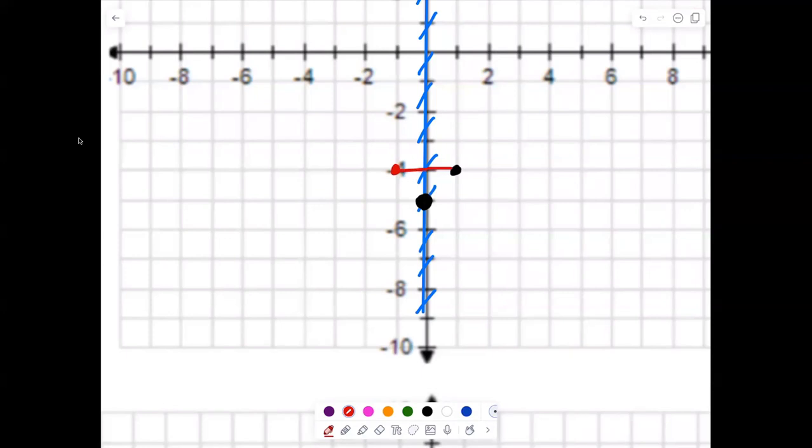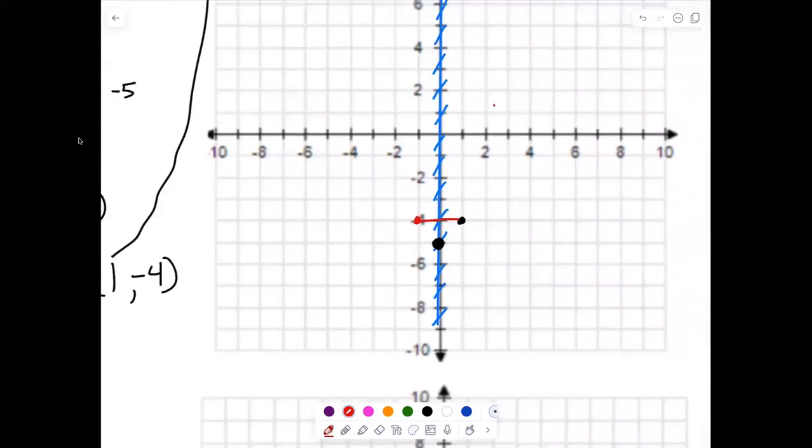And now we can draw the graph. So we're going to draw the parabola, or the quadratic. I'm just lucky enough that my Notability allows me to graph that pretty well. And that's what the graph is.